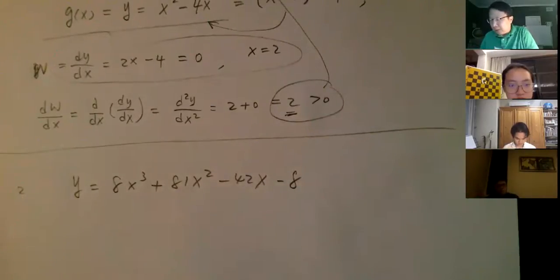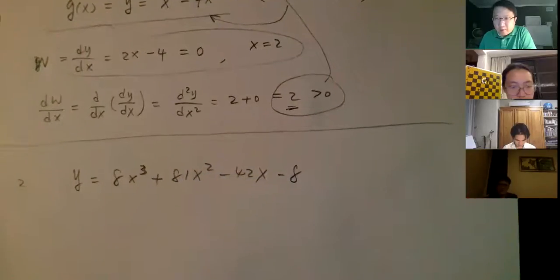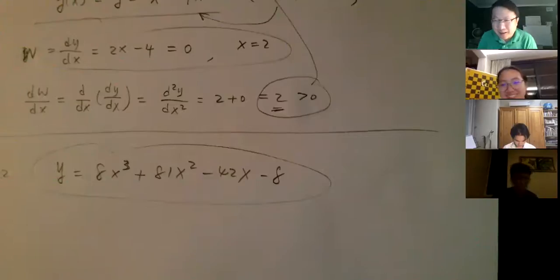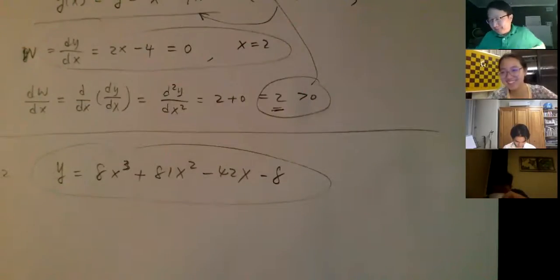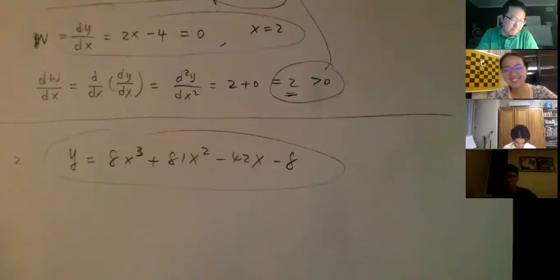So now it's cubic, or even power 4, power 5. Is that easy to solve with your algebra knowledge, to find where is the minimum or maximum? Probably not, right? So let's try this one with derivative.